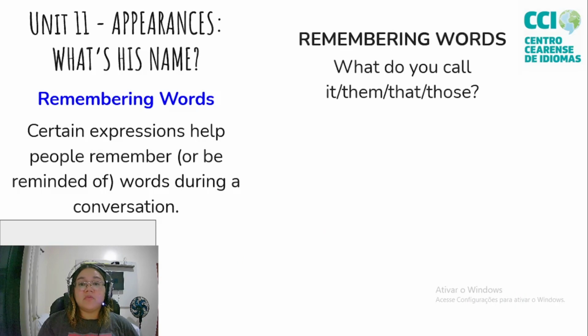Maybe you don't remember how to say cell phone. In this situation, you can use this structure. What do you call it? Or what do you call them? Or what do you call that? Or what do you call those?